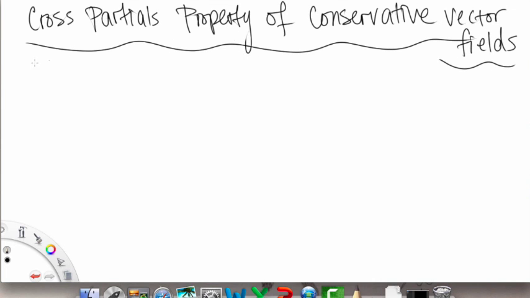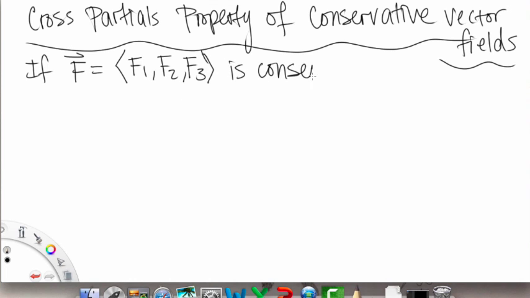So if the vector field f, which is composed of an f1, an f2, and an f3, which each depend on x, y, and z in some way, is conservative, then we have our big then.